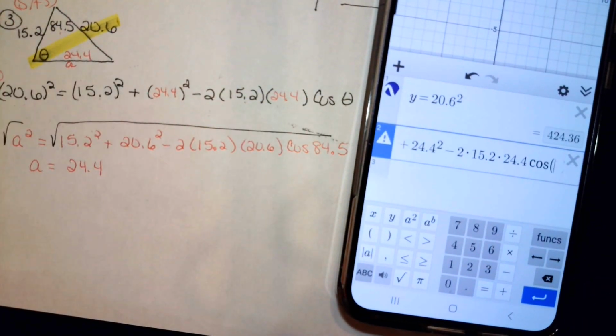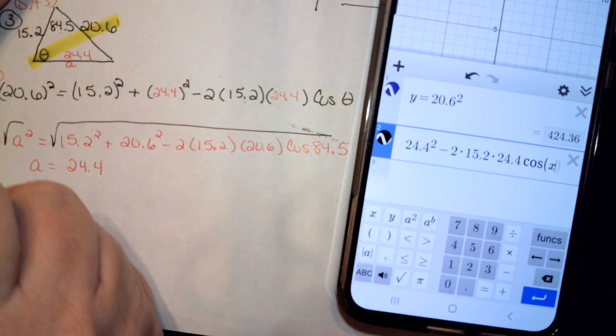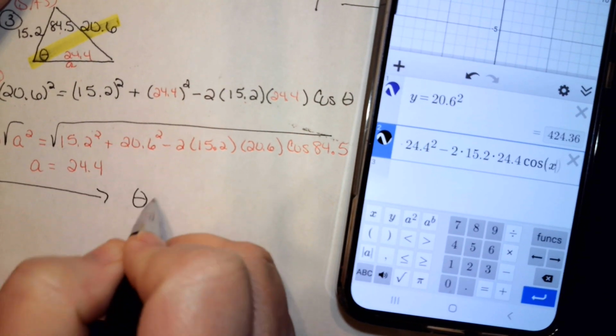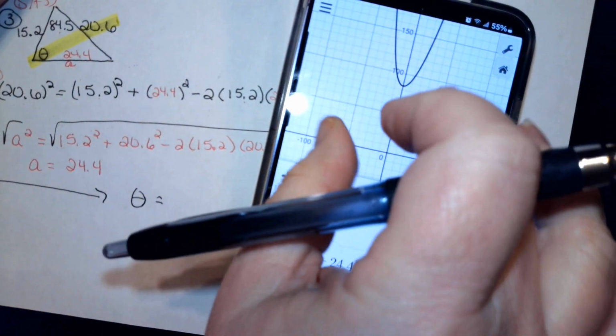Now we can't use theta, so we got to use an x. Cosine of x. Alright, so now let's come right here and let's find out where they intersect.